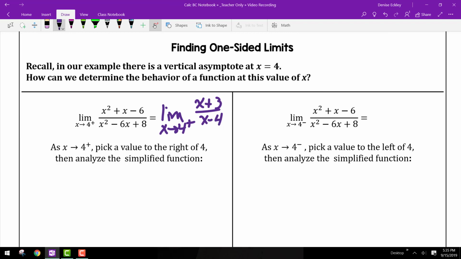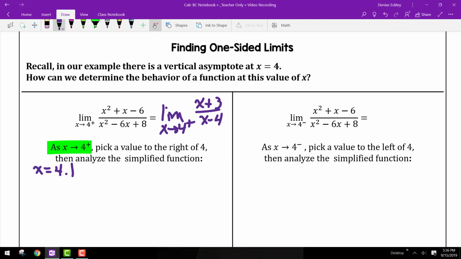What we notice is that as x approaches 4 from the right, if you pick a value a little to the right of 4, you can analyze that value and see whether you are headed to positive infinity or negative infinity without actually having to graph the function. In this case, I'm going to pick the value x equals 4.1 and evaluate the function at that point.